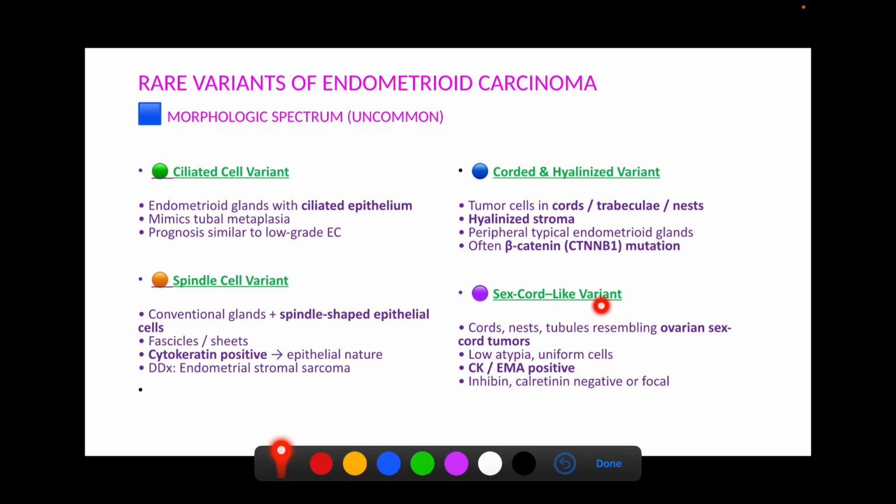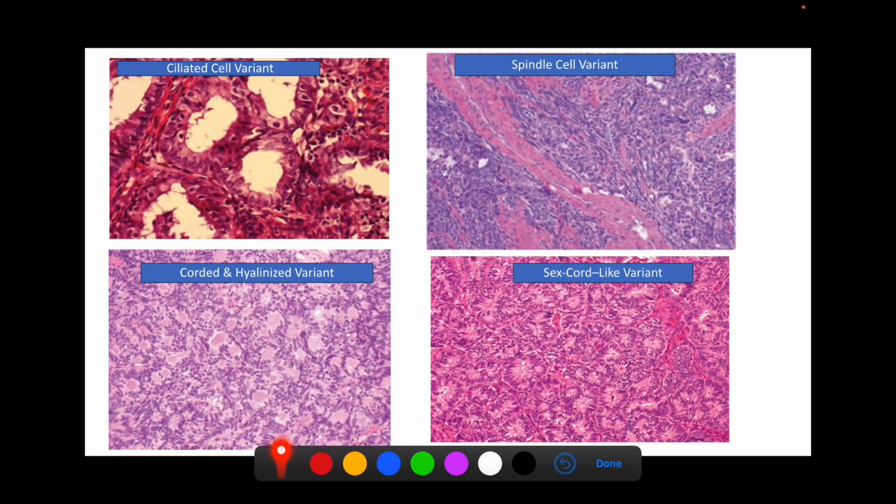Last is the sex cord-like variant, where cords, nests, tubules resemble ovarian sex cord tumors but with low atypia and uniform cells. CK and EMA are positive, but inhibin and calretinin are negative or focal in endometrioid, while in ovarian origin they are positive.